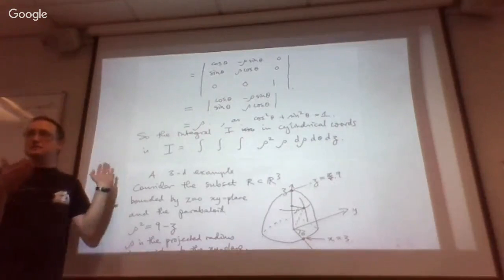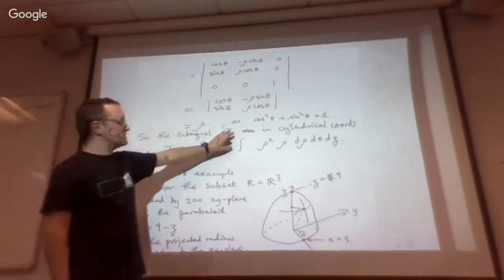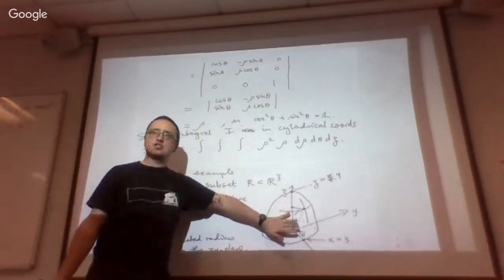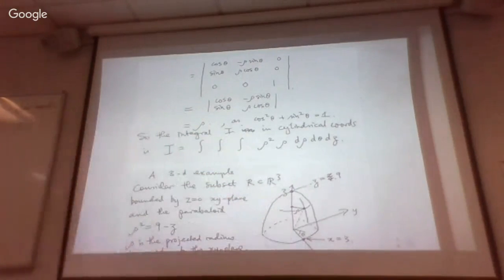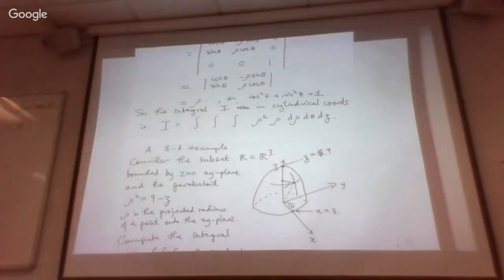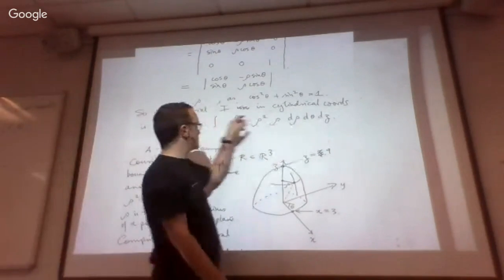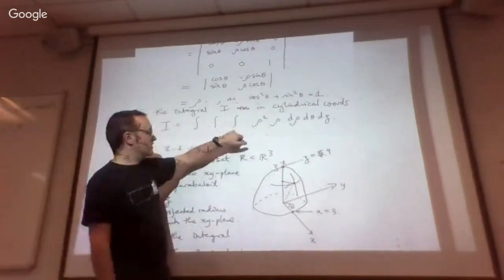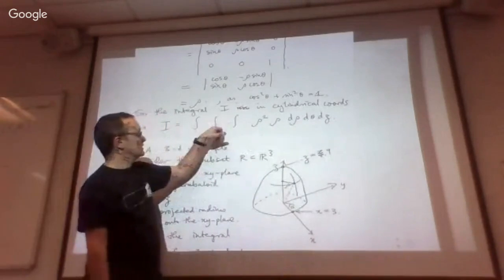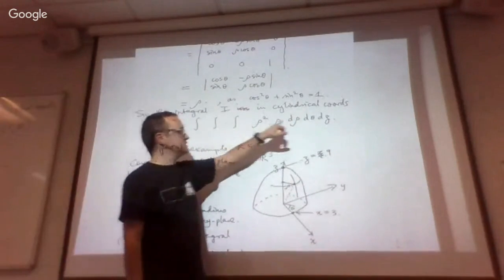You work, as I've always said, from the outside in. What these limits of integration have to do is capture this portion of 3-dimensional space in the paraboloid there that we want to integrate over. Remember these are nested integrals. The inner integral is the rho integral. Outside of that, you've got the theta integral.